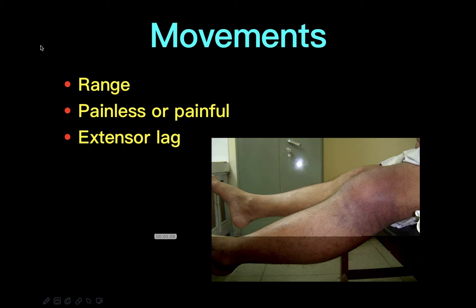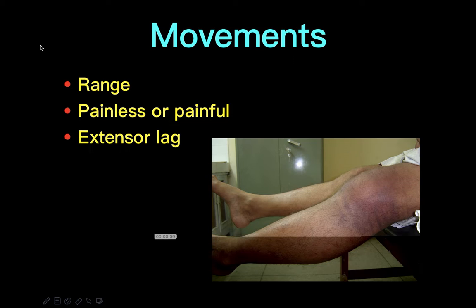We also have to check whether this range is painless or painful. Then we have to check for extensor lag or any fixed flexion deformity of the knee joint. This question is commonly asked: what is the difference between extensor lag and fixed flexion deformity? Both these conditions have the knee in a particular degree of flexion.